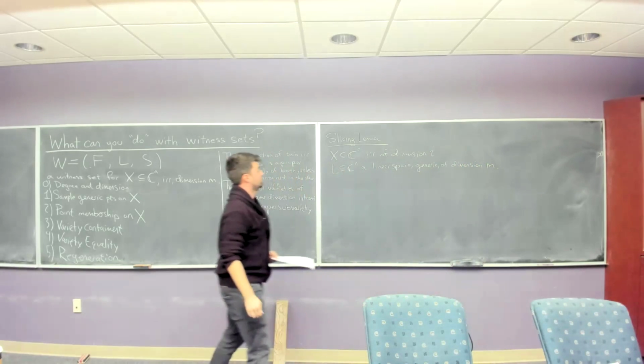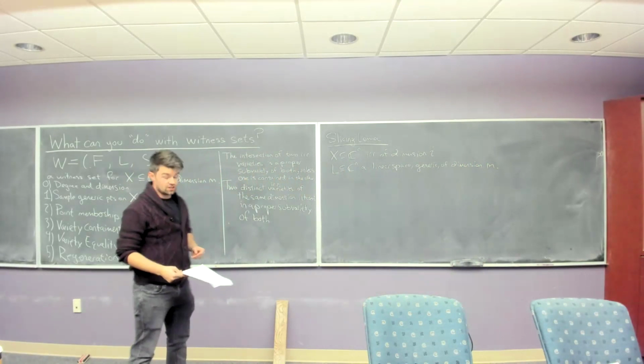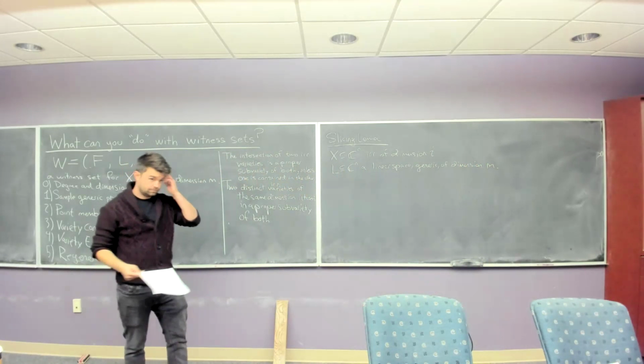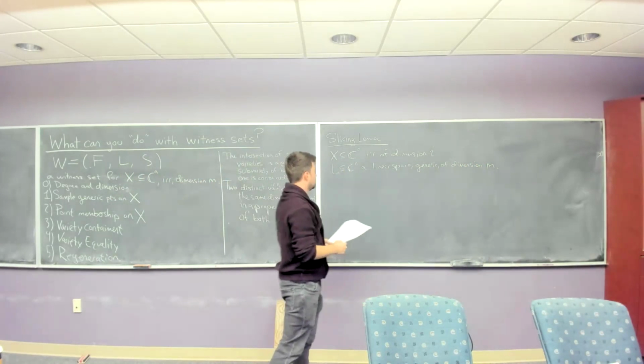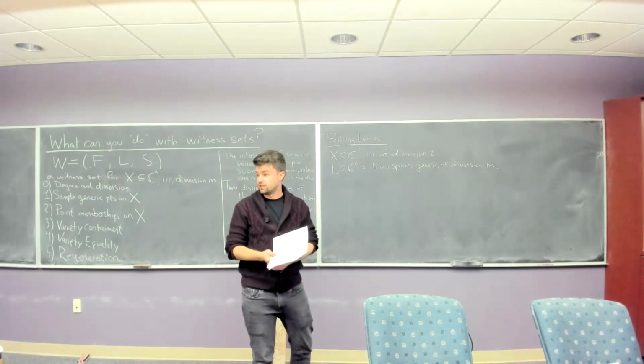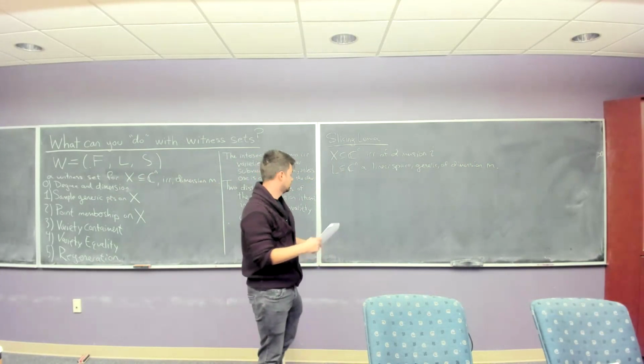I have an irreducible variety of dimension I. I have a linear space, which is generic of dimension. I want to conclude some stuff about the intersection of L and X.